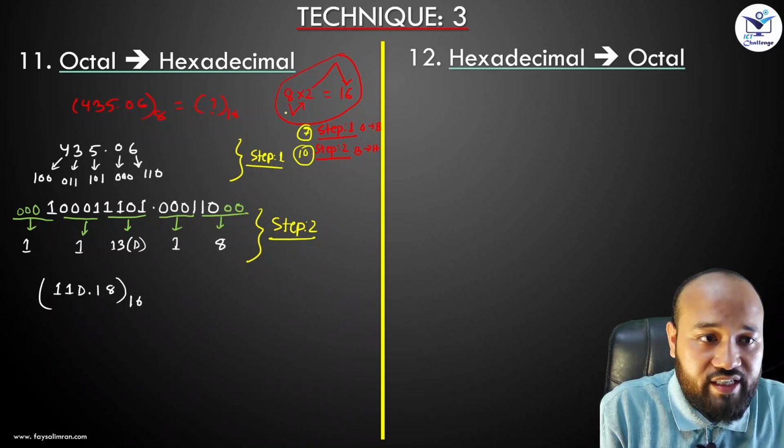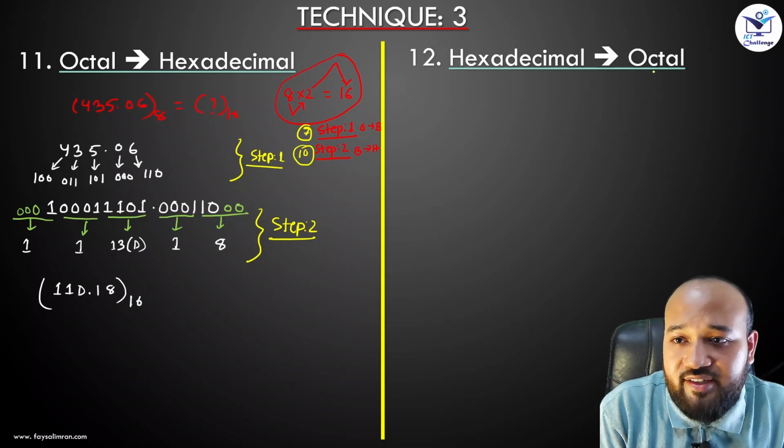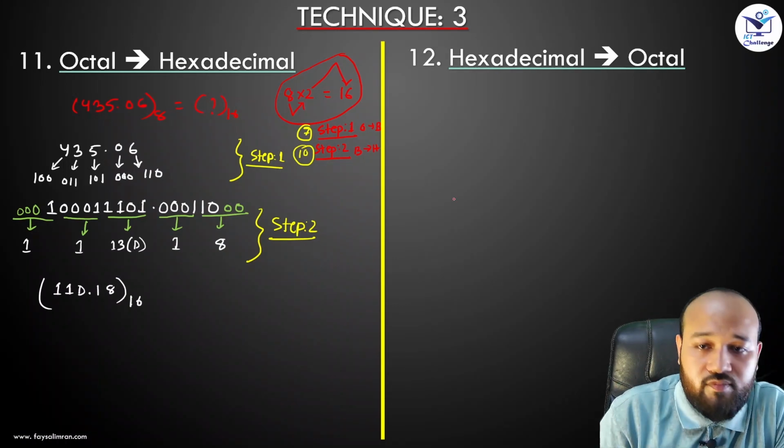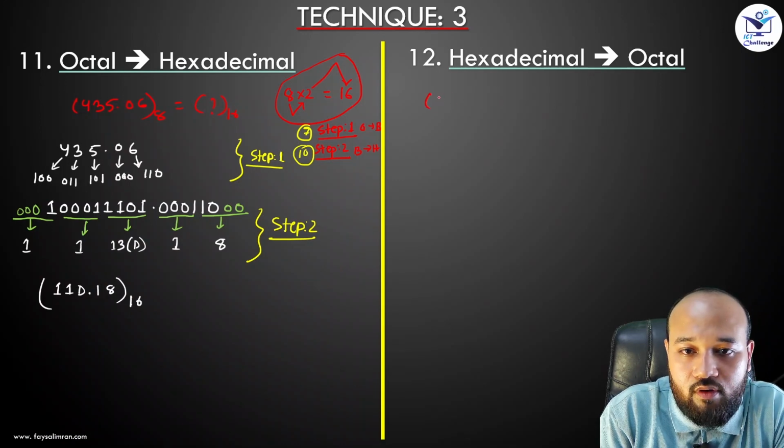So we need to convert octal to hexadecimal. Okay, so also hexadecimal to octal, we also need again two of those rules. So here we write 9D point CA.